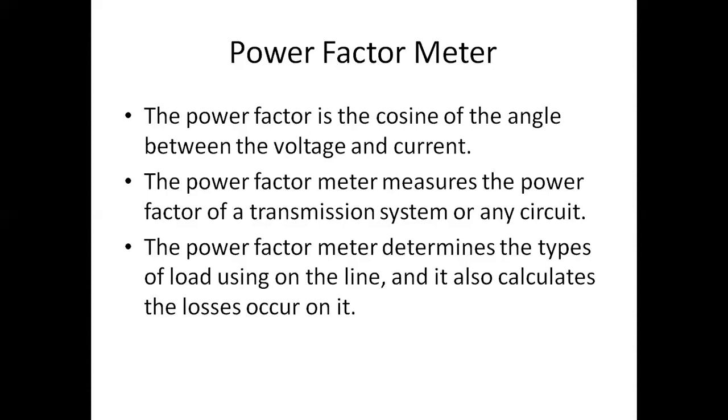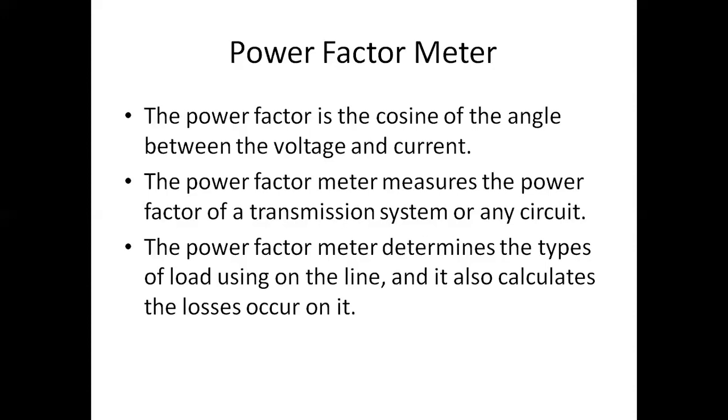So for a circuit, if we know the voltage by using a voltmeter, the current by using an ammeter, and the total power consumed, W equals VI cos phi.